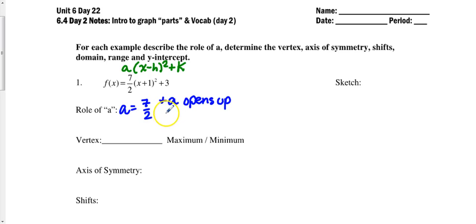Well, 7 halves equals 3.5. So make a note of that so we understand what we're about to say next. Yes, it's a fraction, but its value is greater than 1. So if A is greater than 1, is it normal, wide, or narrow? I'm hoping we're all saying to ourselves, more narrow.